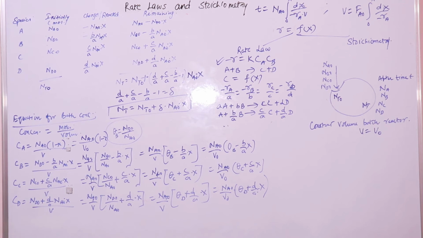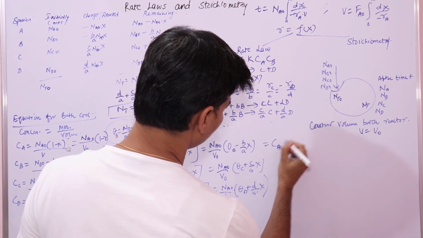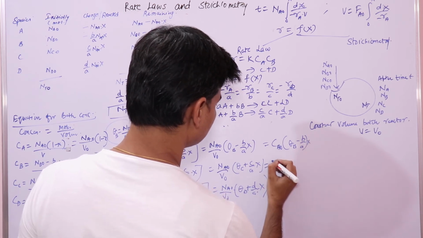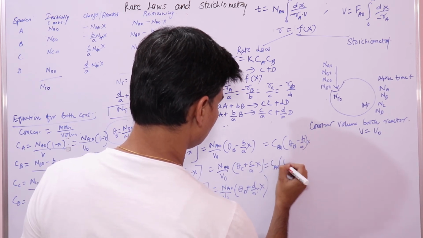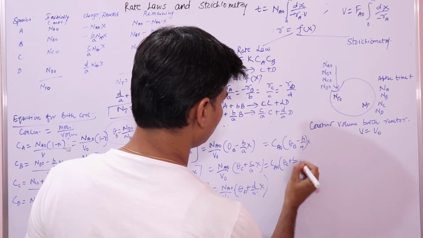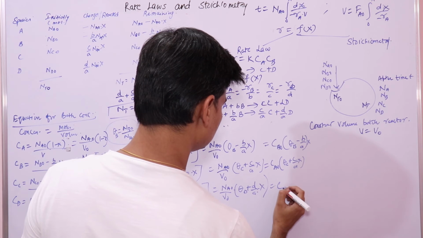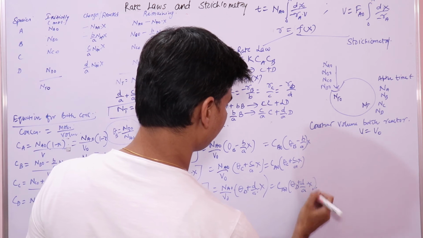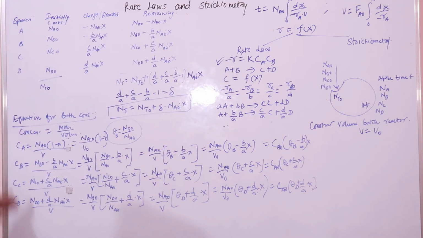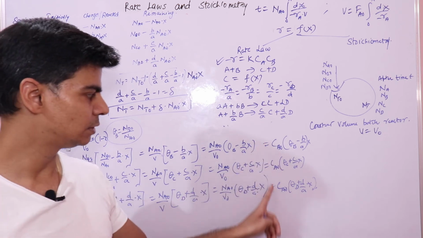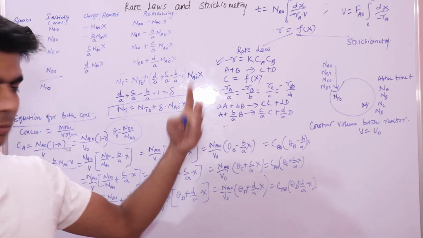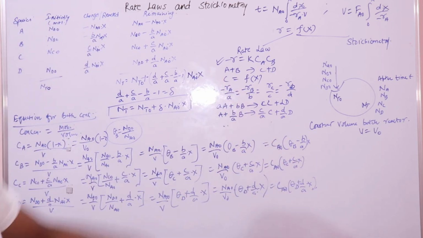So this would be Ca0 (theta B minus B upon A x), Ca0 (theta C plus C upon A x), and Ca0 (theta D plus D upon A x). Now we have defined all the concentrations in terms of the concentration of the limiting reagent A, which we have taken initially, this one, A.